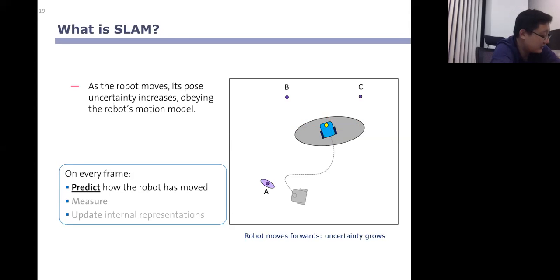That's the motion update. You have an increased uncertainty. Previously the uncertainty was zero, without any ellipse. Now you use a greater ellipse to show the robot position with a higher uncertainty. The robot is probably here, with some low likelihood.